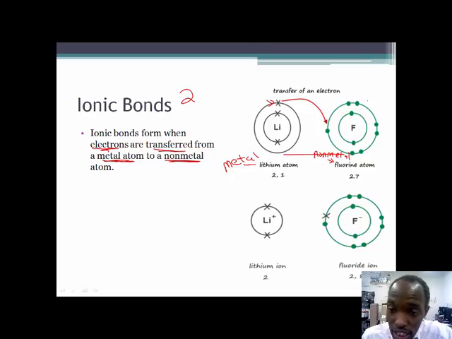Fluorine, being in group 17, has 7 valence electrons. These X's represent the electrons. Because lithium has 1 electron on its last level versus fluorine that has 7, it's easier for fluorine to take 1 than for lithium to take 7. So being that lithium can give away its 1, it's now complete with its 2. And fluorine is now complete with its 8.